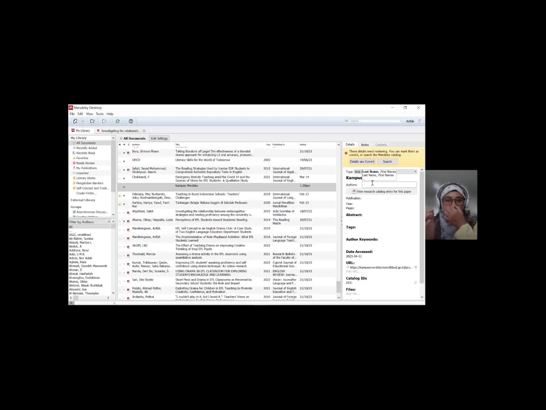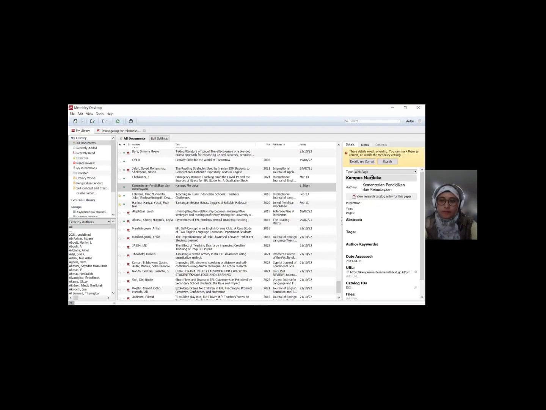But when it comes to an institution, you need to do this. Let's say Kementerian. See, there is an option here, institution or organization. You just click that. And then it will be written complete like this.